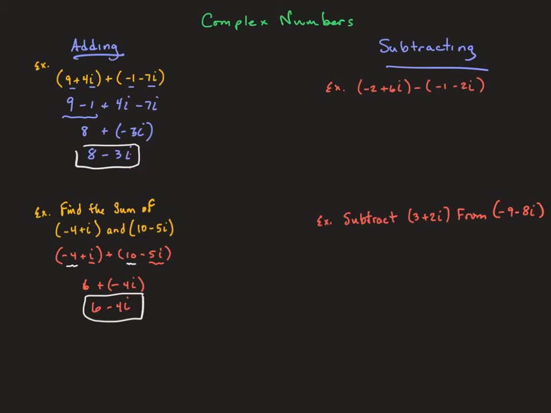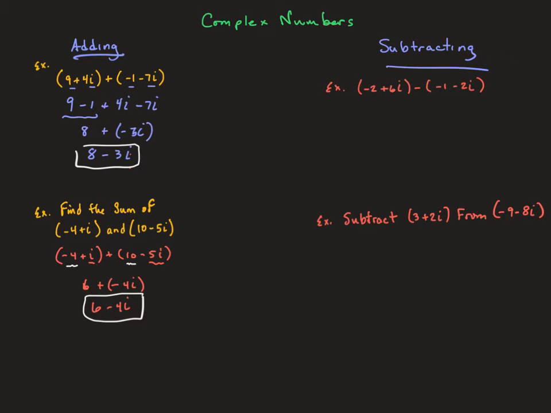What we want to do is distribute the negative 1, and that will change all of our signs in that binomial. So now we are adding.